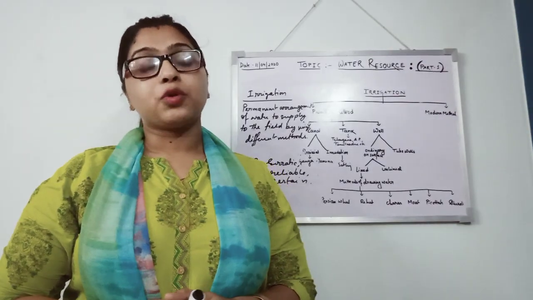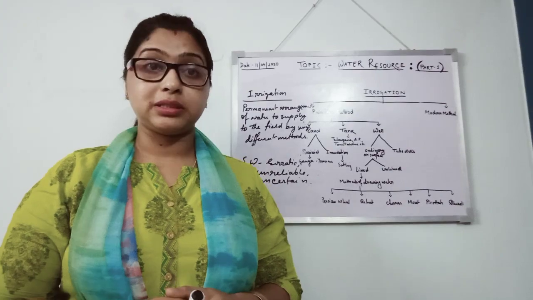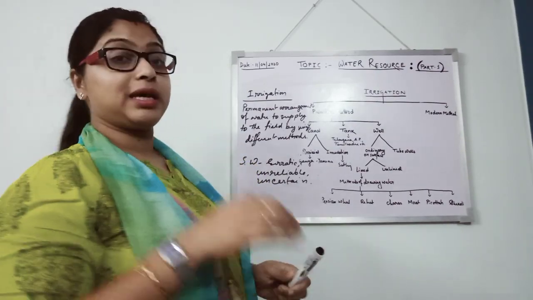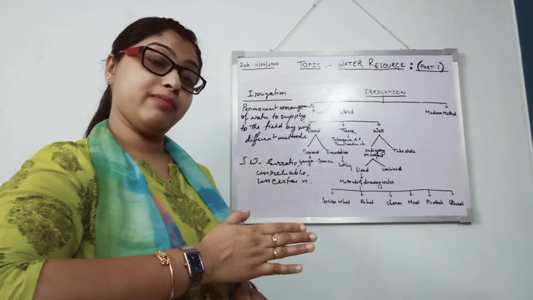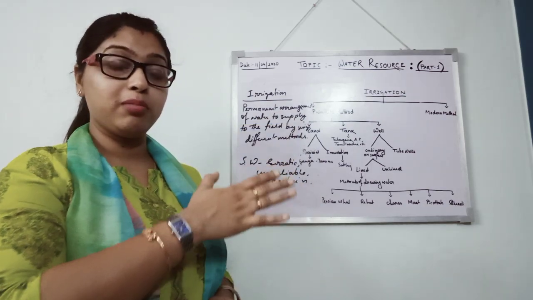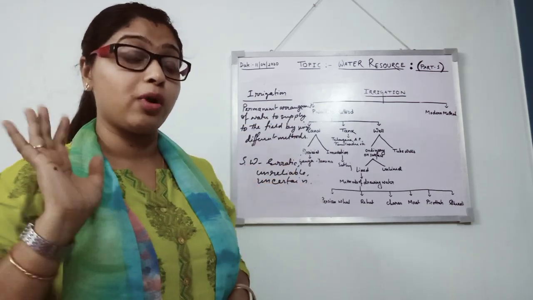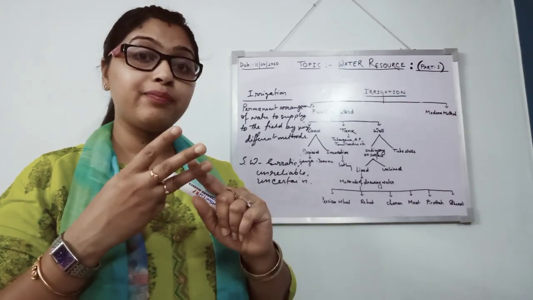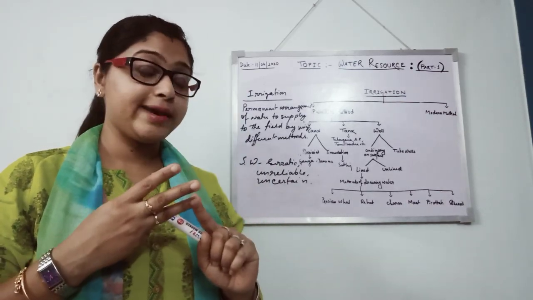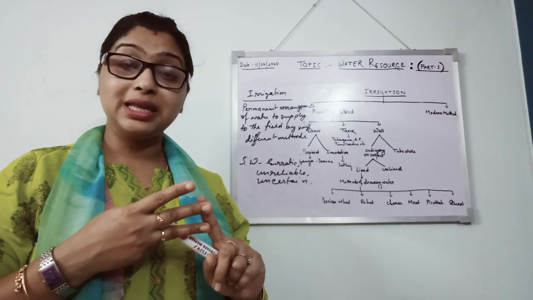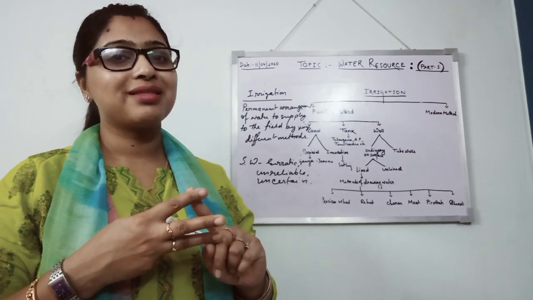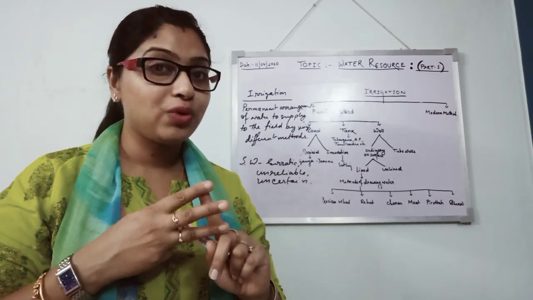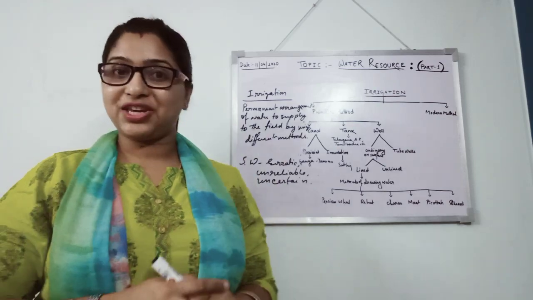First of all, what are the primitive methods? The primitive methods, as I said, are those we have used from time immemorial. These are divided basically into three categories. One is canal irrigation, number 2 is tank irrigation, number 3 is well irrigation.